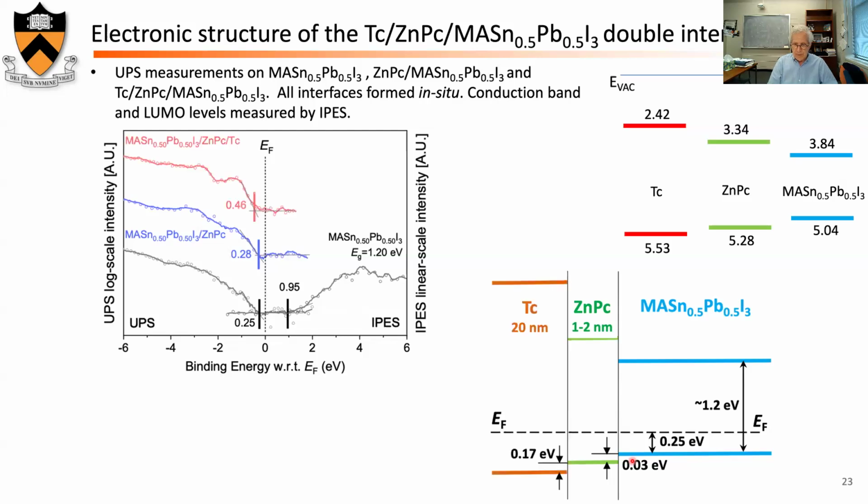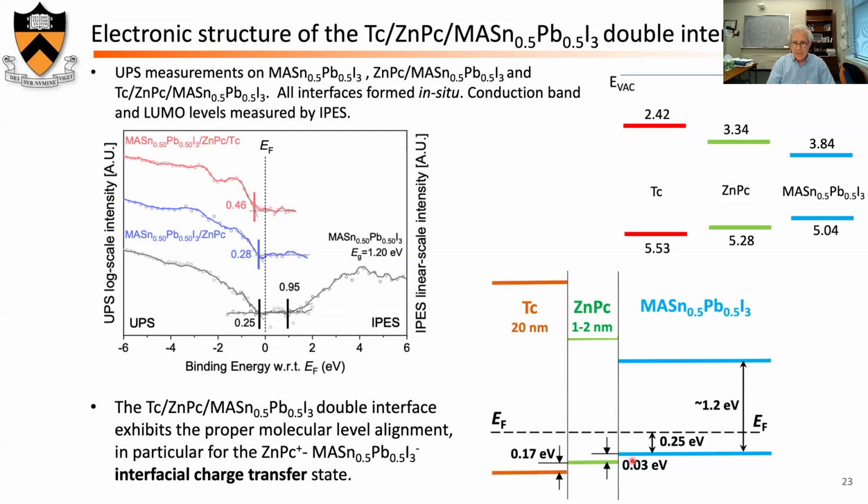And then we put the tetrazine. Again, all this is done in ultra-high vacuum, very clean, and so on. So what is very interesting, of course, is that we do find now this energy difference between the HOMO level of the zinc PC and the conduction band minimum of the perovskite at 1.23 electron volt, which is right between the triplet energy 1.25 and the band gap of the perovskite at 1.2 electron volt.